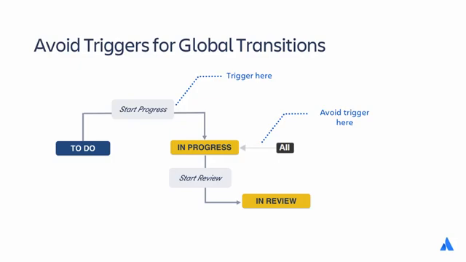For example, consider if you configured a commit created trigger for the global transition to the in progress status. Committing code can happen at many stages during an issue's lifecycle. For example, when writing the initial code, changing code after a review, etc. This could result in the issue incorrectly transitioning to in progress out of a number of other statuses.